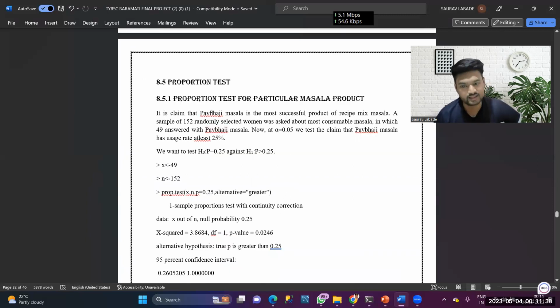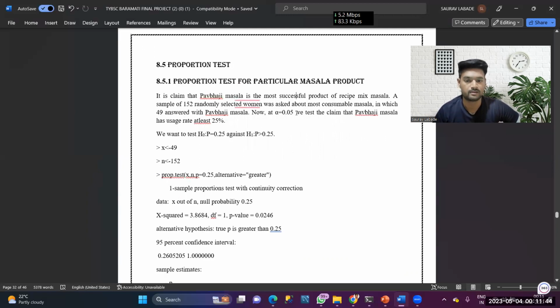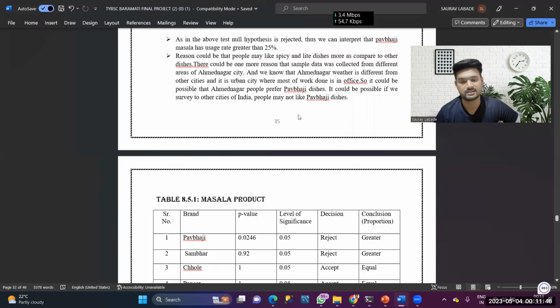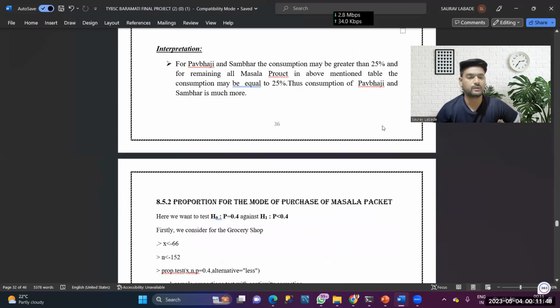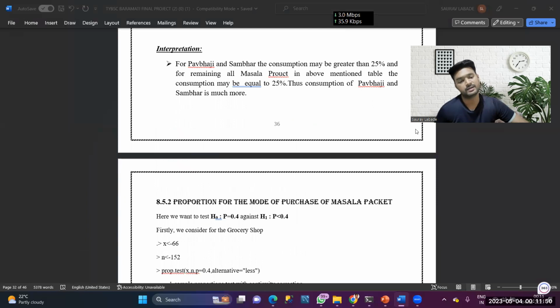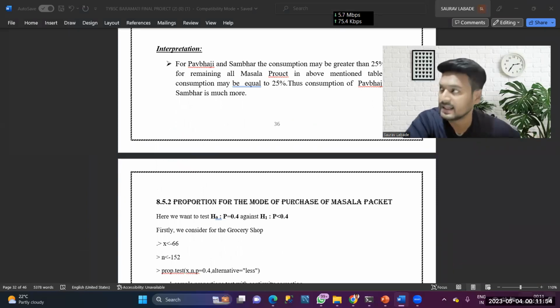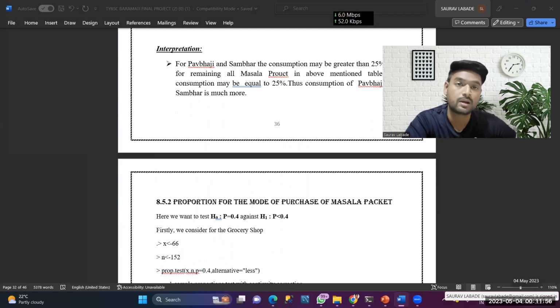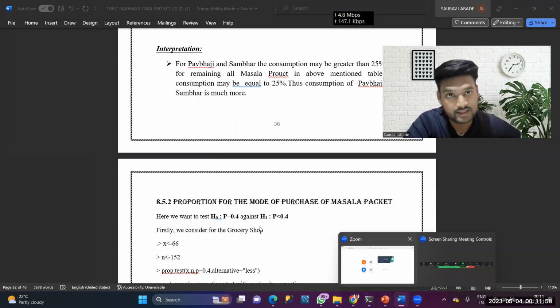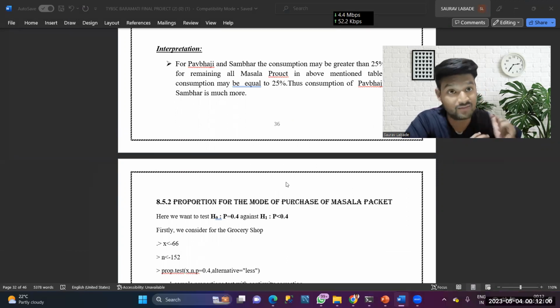Proportion test is also there, right? I think we have already discussed the proportion test in our theory lectures. So that is also a test which you can use. I can suggest that you use a minimum of two tests here. The first is the chi-square test, or you can use the variability test. Variability test means the F test.